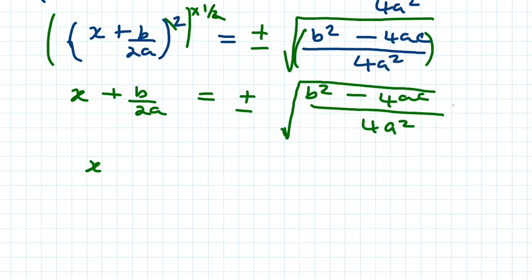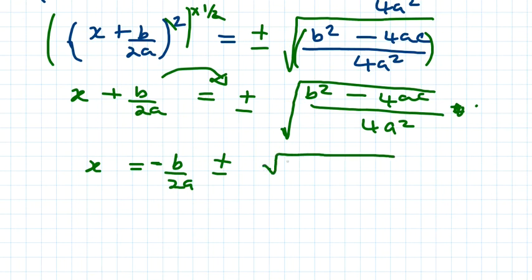What the square root sign will do is 4a squared can be further simplified, but okay, I'll just do it below here. So let's move b over 2a to the other side of the equals sign. So we have negative b over 2a plus or minus square root of b squared minus 4ac over square root of 4a squared.